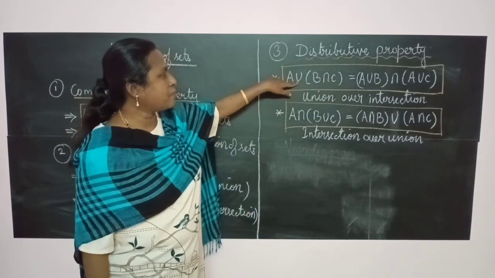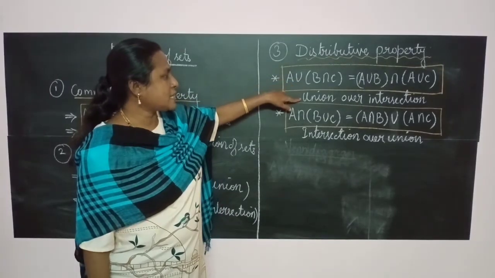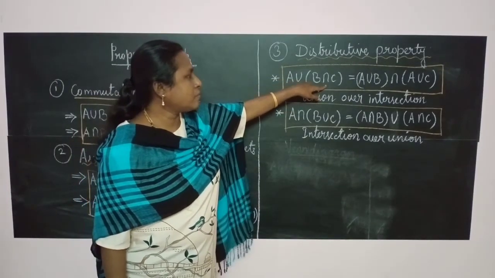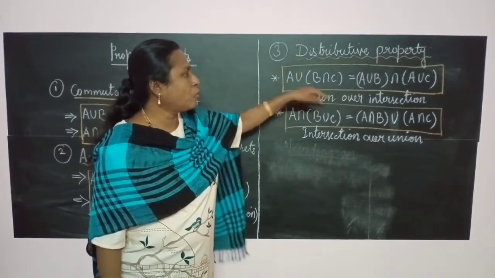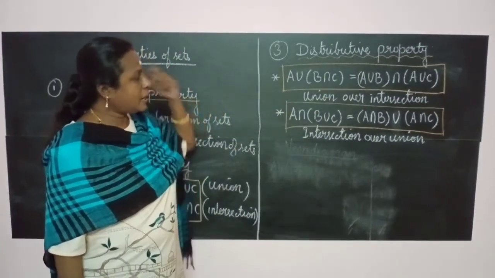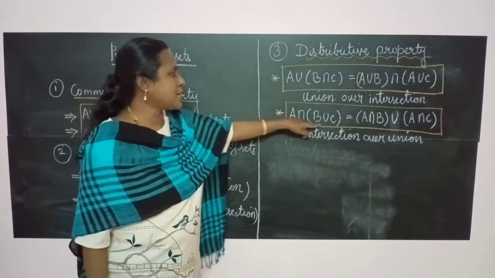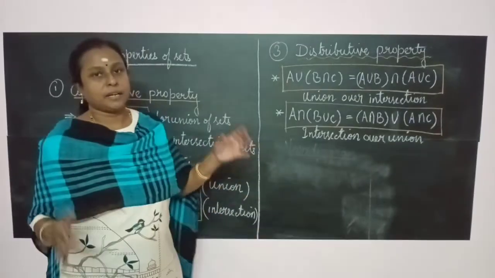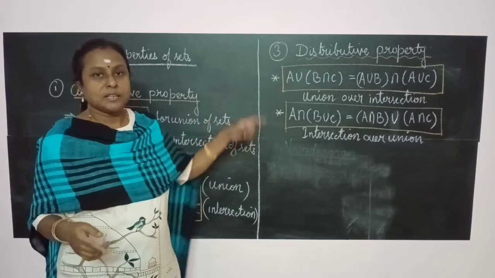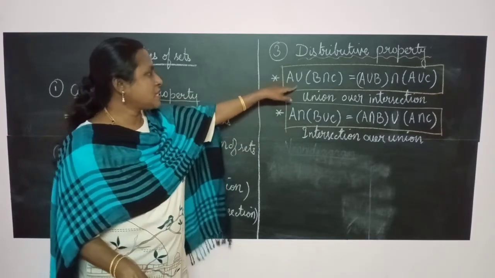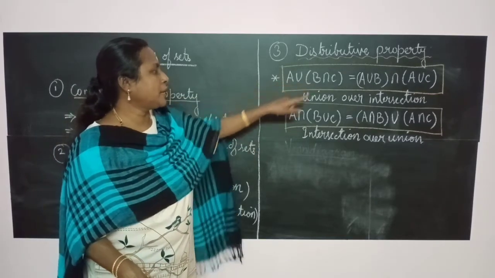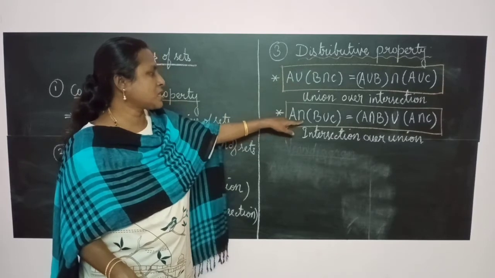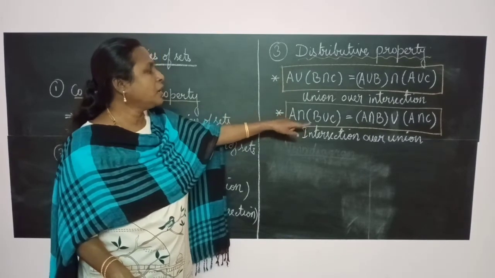Here the first symbol is union, so we say union, and the next symbol is intersection: union over intersection. Here the first symbol is intersection and the second symbol is union, so it is intersection over union. You can remember it like this, based on the first symbol.